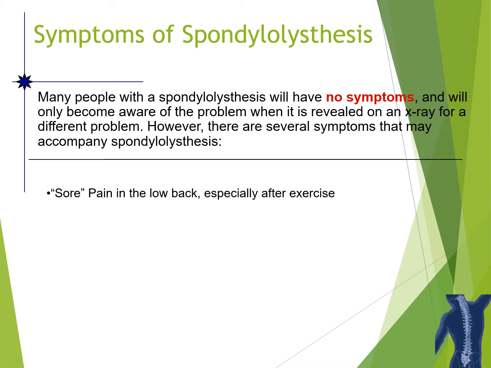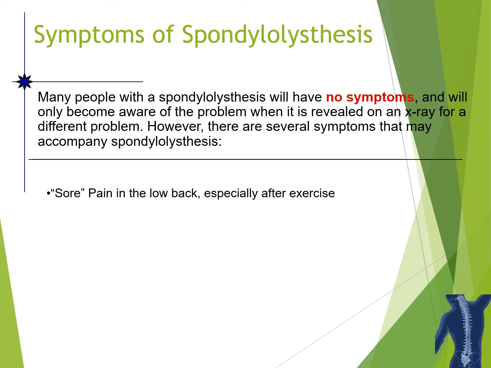Okay, these patients particularly have a sore pain in the lower back. It's not a sharp, electric pain, but a sore pain in the back, especially after exercise. This is where the spondylolisthesis patients differ from the facet syndrome patients.